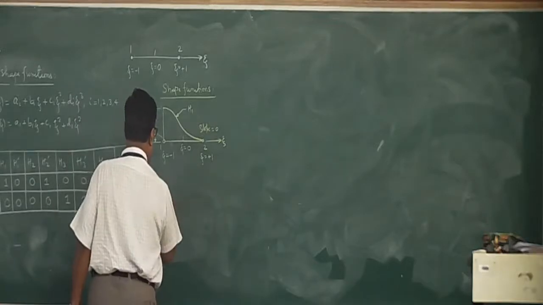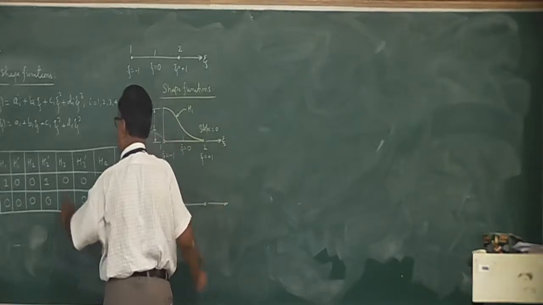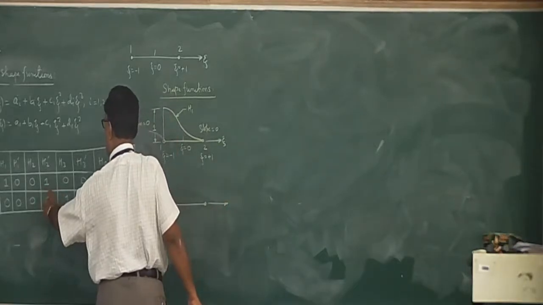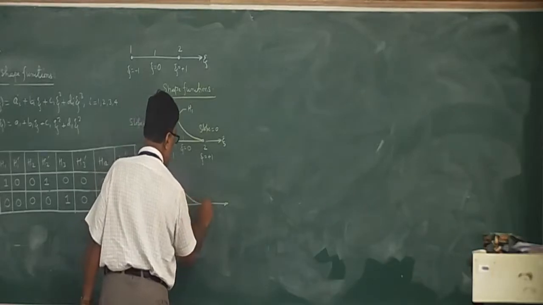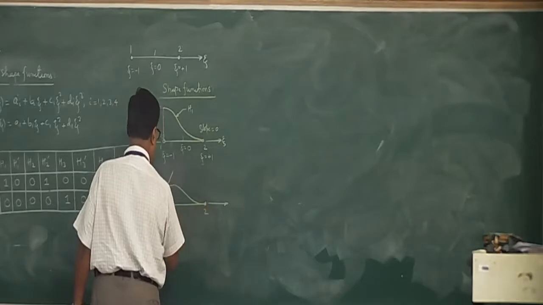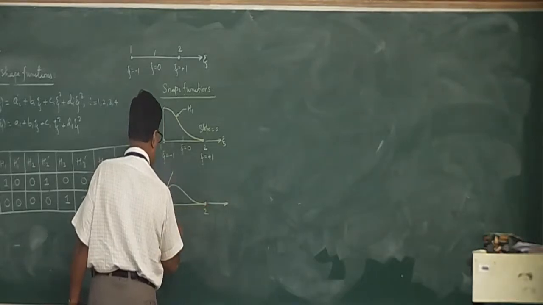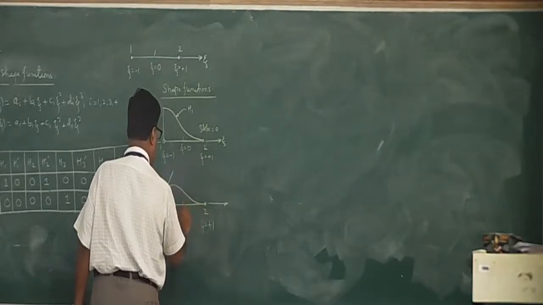Now suppose I want to consider the second shape function, H2. When you look at this, this is the shape we are going to get for H2. That means if I draw 1 and 2 here, again this is zeta equal to -1, zeta equal to +1, and this is zeta equal to 0.